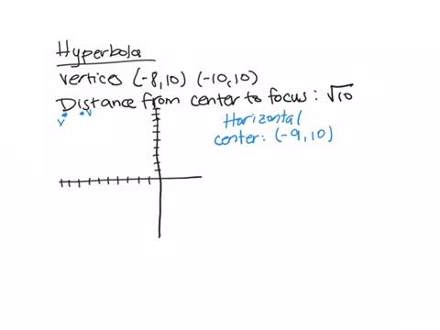If this is the center, the distance from the center to either vertex is A. So that means that we would know that A is equal to 1. And because we know that this is horizontal, we know that we're going to be starting with X.